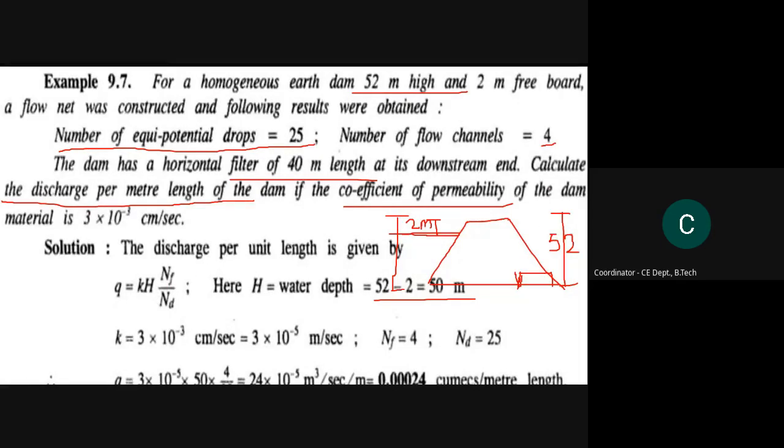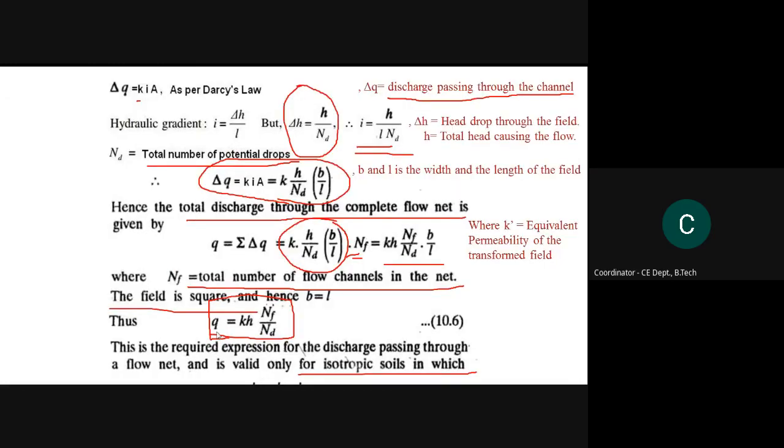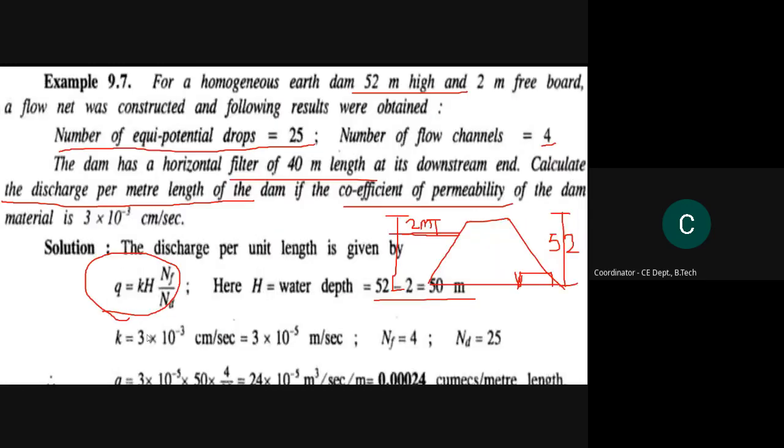Here the discharge per unit length is given as per Darcy's law, which is Q equal to KH into NF by ND. We have already discussed this equation. So we are evaluating the discharge per meter length. Here H is 52 minus 2 equal to 50 meter, as I have told you, the freeboard subtracted gives the water depth.